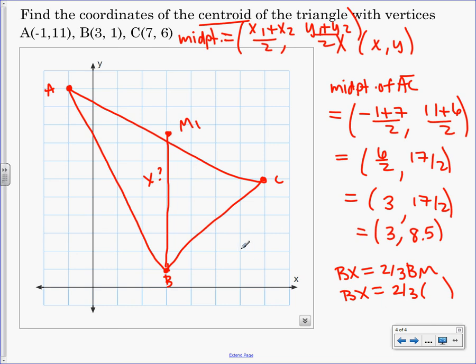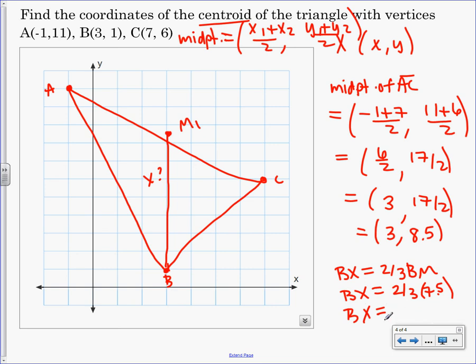I could count, right? So from here up to, this is at 8.5, remember? So this is 1, 2, 3, 4, 5, 6, 7.5. Do you guys understand that was 7.5 units long? If you don't like that, you could have done your distance formula. That's fine too. But the easy one is where you're just subtracting two numbers. So take your calculator and take 2/3 times 7.5. Tell me what you get.